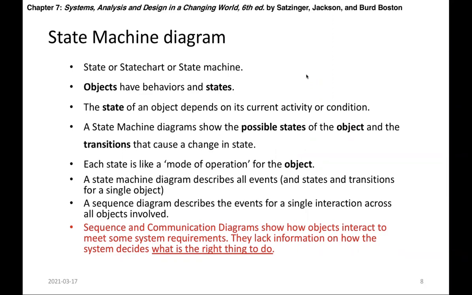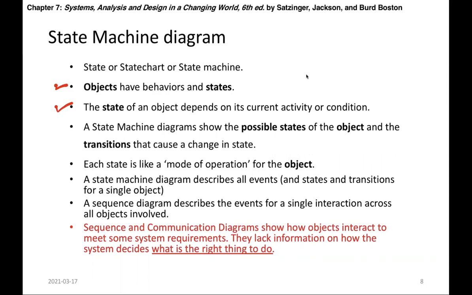It considers objects with behaviors and states, such that the state of an object depends on its current activity or even condition. A state machine diagram shows the possible states of the object or entity, if we talk about the general word, and the transitions that cause a change in a state.